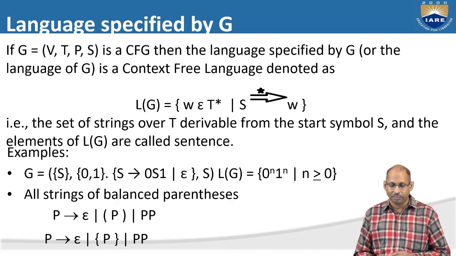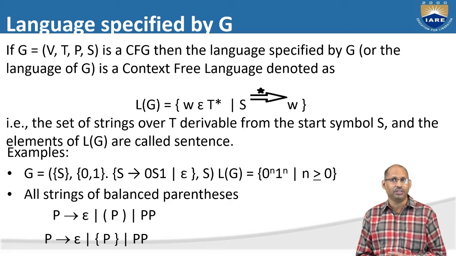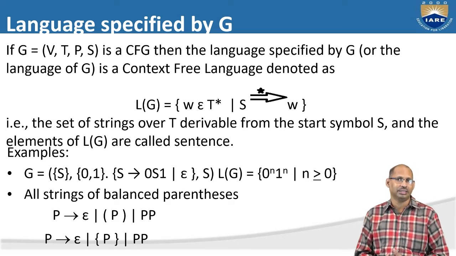Now, balanced parentheses is another example. P gives simply epsilon. In the second production, P inside parentheses represents recursion, and the third one is simply P followed by P for the recursive purpose.